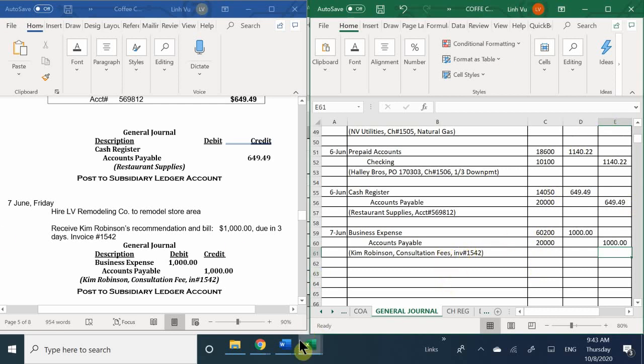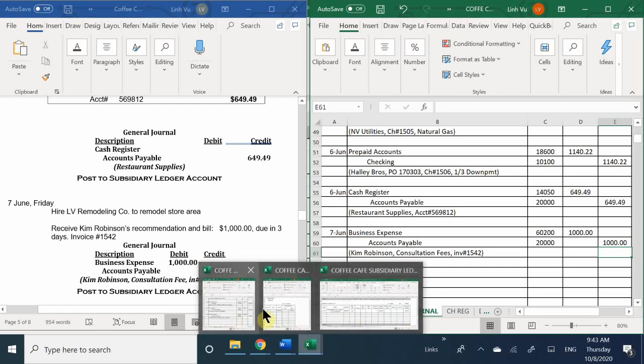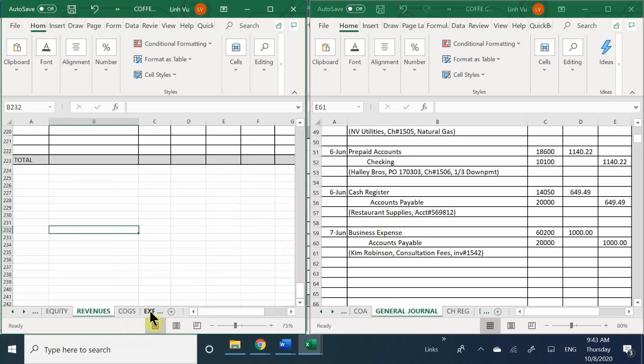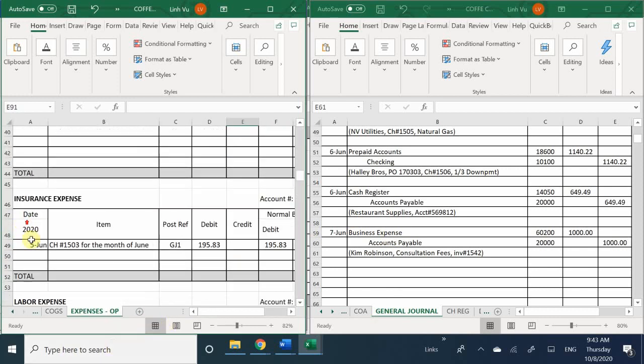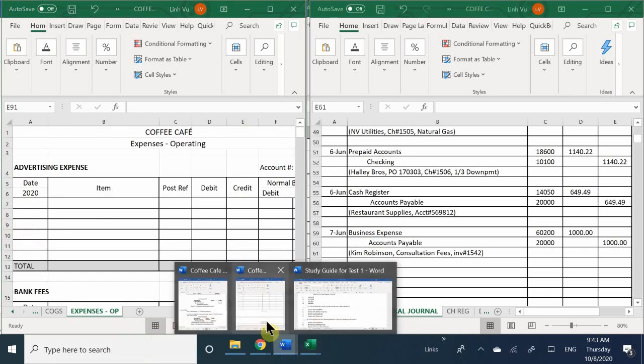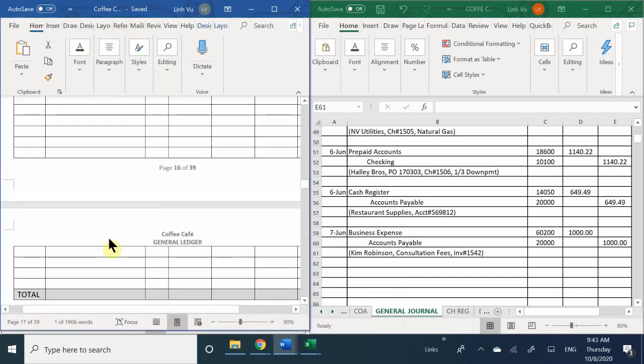So now we're going to go to our ledger and we're going to post all this information in here. So again, I'm going to go to my business expense account, which is going to be in your expenses.